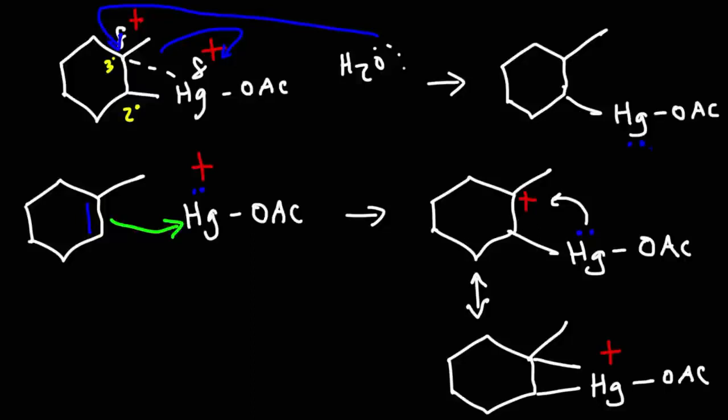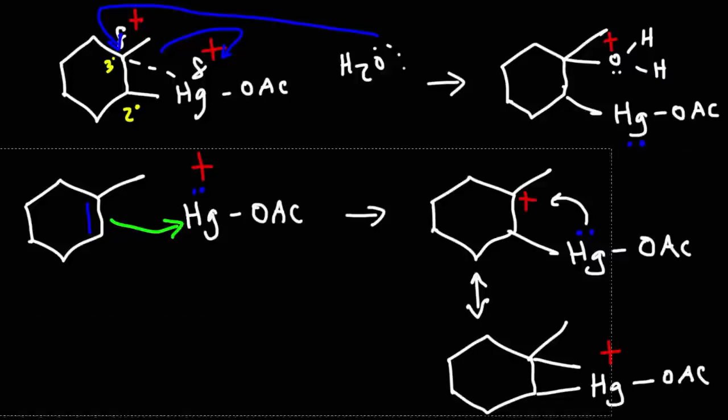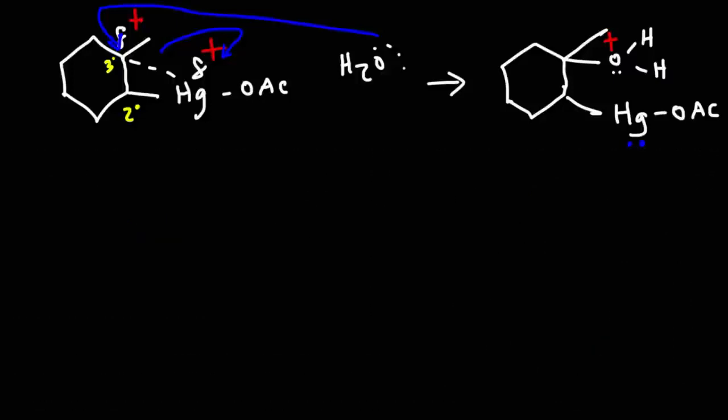So we'll have our mercury acetate group on one side, and on the other carbon, we're going to get an oxonium species. Now we're going to use another water molecule to take off one of the hydrogen atoms.